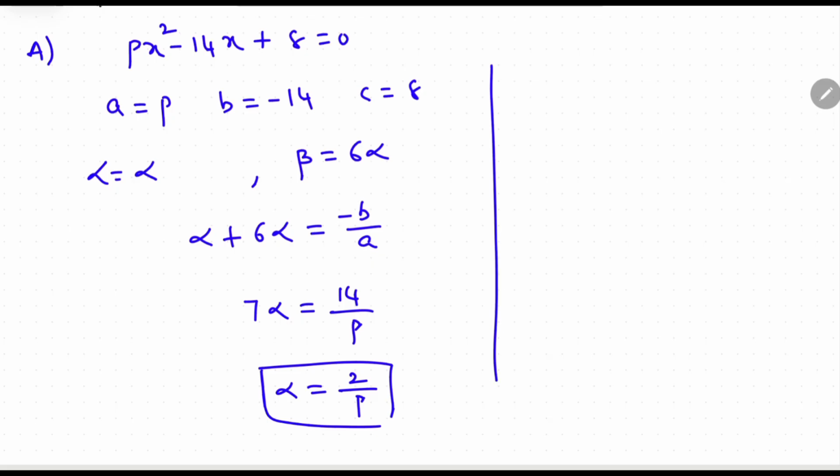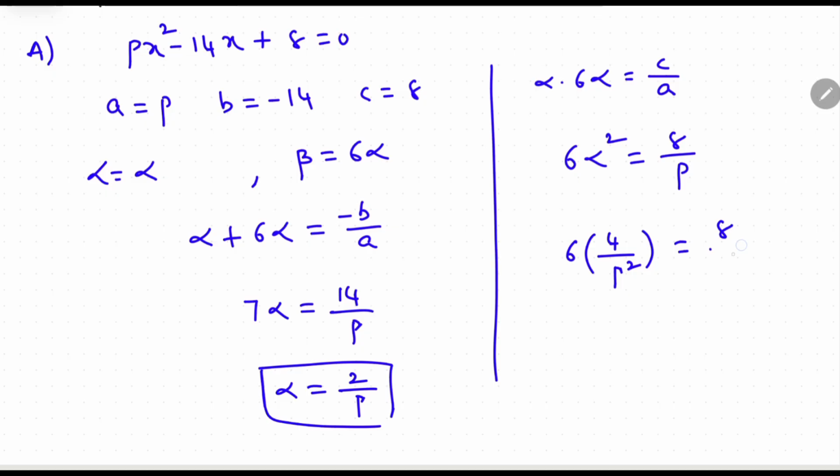Now the product of roots, alpha into 6 alpha equals to c by a. So 6 alpha square equals to, what is the c value there? 8 by p, the a value is p. Therefore, we have the alpha value, so 6 into 2 by p, squared, becomes 24 by p square equals to 8 by p.